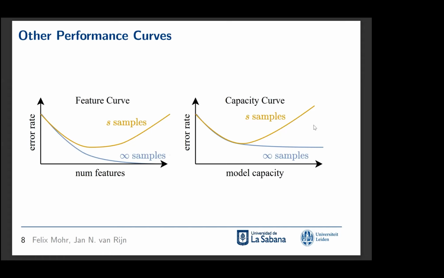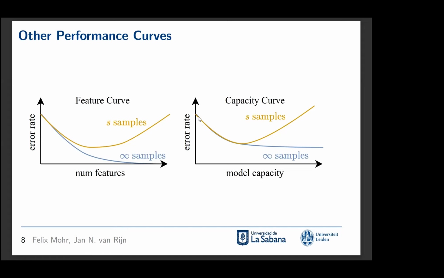And capacity curves, similarly, model the generalization performance as a function of the model capacity. We can think of a random forest: this could be the number of trees in a random forest, or the capacity of a neural network, for example. Again, for a fixed number of samples, typically if we increase the model capacity, we increase the variance of the learner in the bias-variance spectrum.